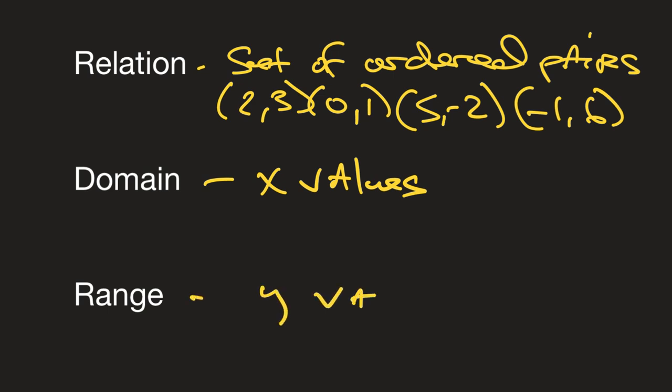Yeah. Okay. So again, a relation is just going to talk to us about how X and Y values relate to each other. And then they have these words, domain and range, that are going to be associated with X and Y values respectively. So domain is X, range is Y. Very simple, but we just have to know it when we see it. Okay?